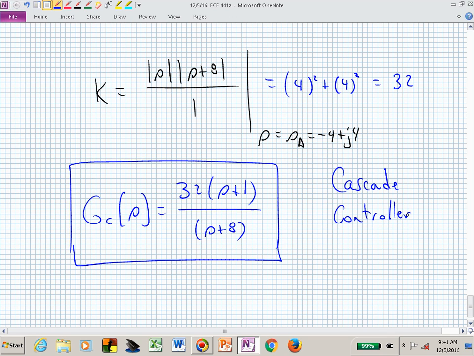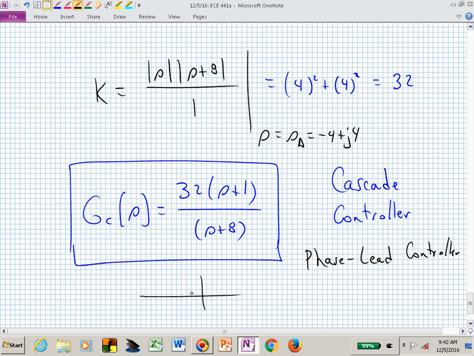But we could also call it something else. Is it phase lead or phase lag? This one is actually phase lead, isn't it? The zero is closer to the origin than the pole, so this is actually a phase lead controller.